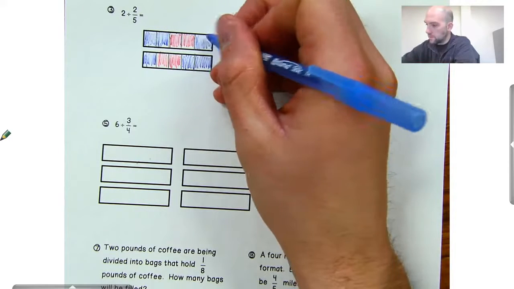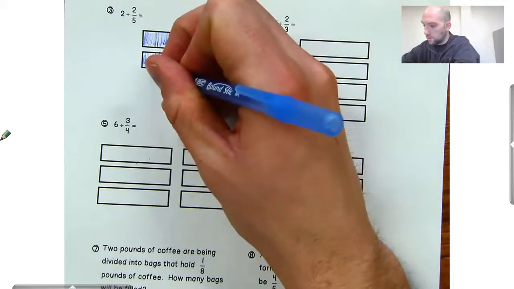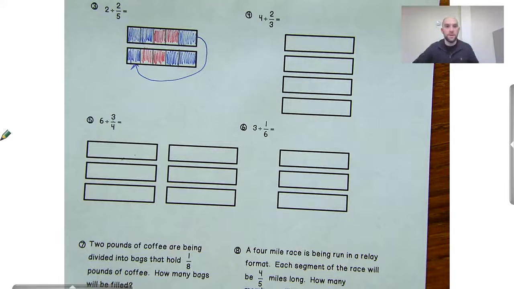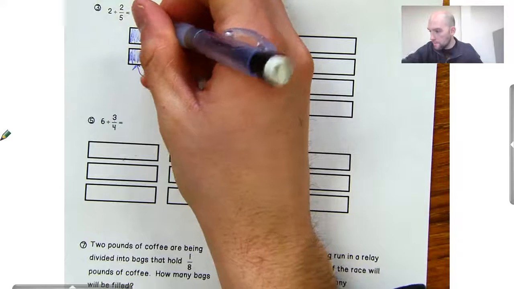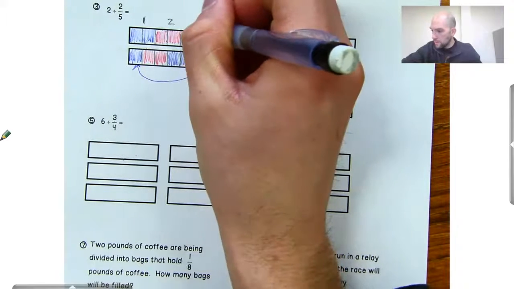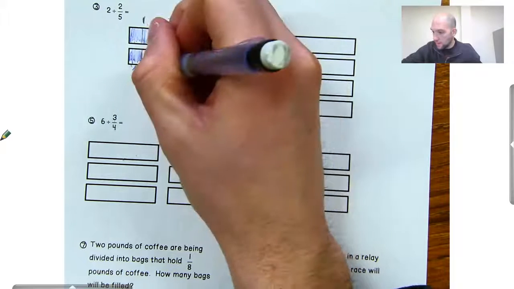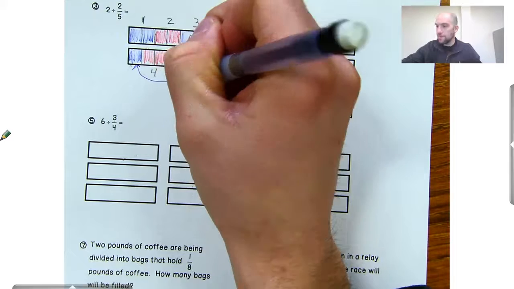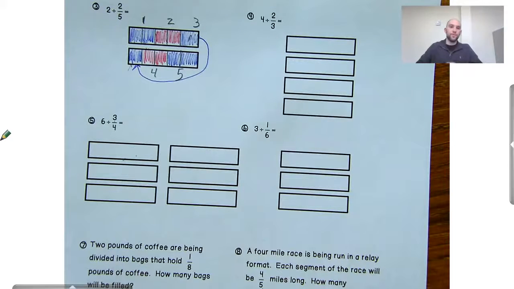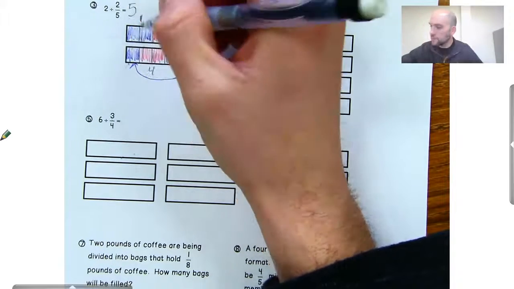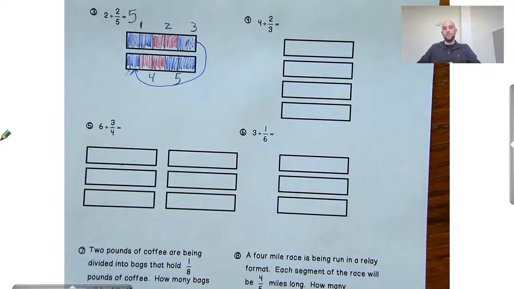And this piece is going to be one share because I have 1/5, 2/5 there. So let's count our 2/5. We have 1, 2. This here, between this one and this one, is 3. Then we have 4 and 5. So we have 5 shares of size 2/5. 2 divided by 2/5 is going to equal 5.